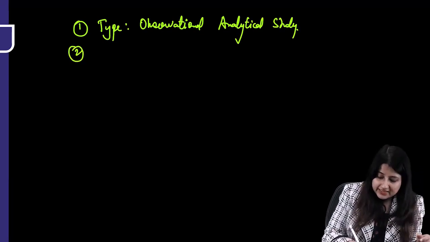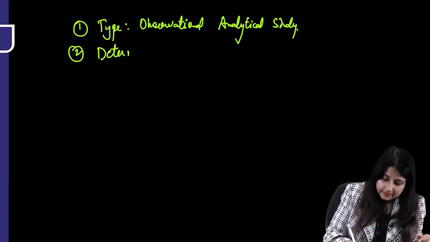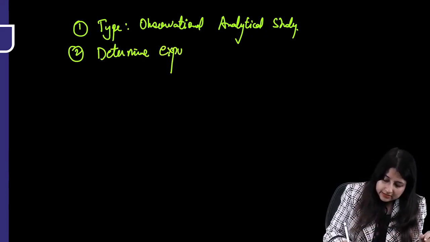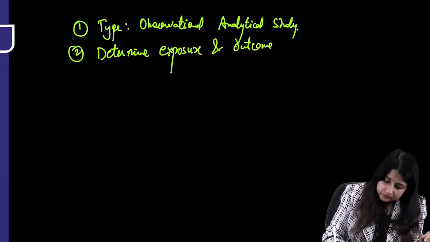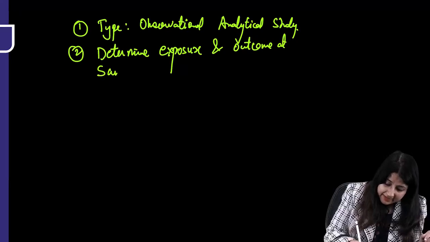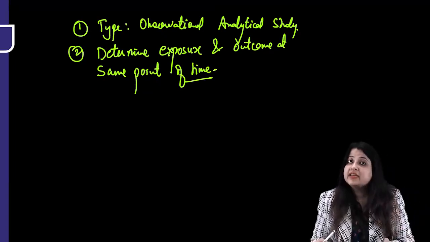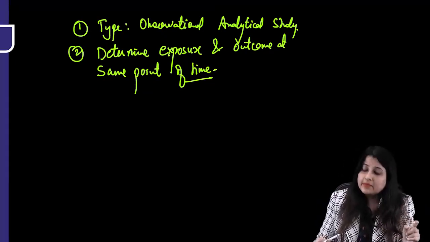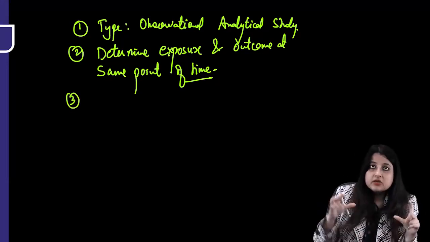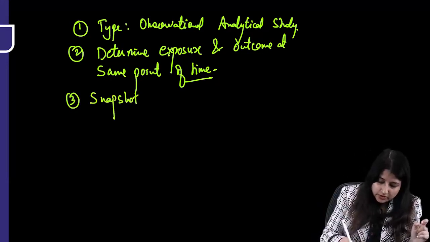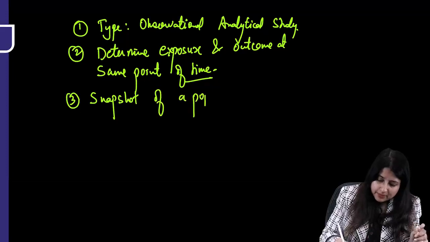Second, we determine exposure and outcome at the same point of time. We are not moving forward, we are not moving backwards. So it's like taking a picture, it's like taking a snapshot of a population.